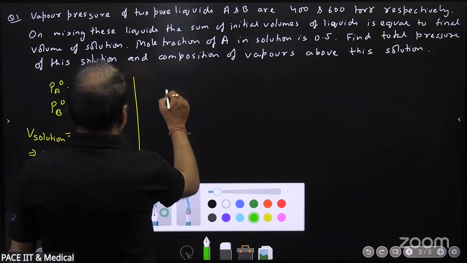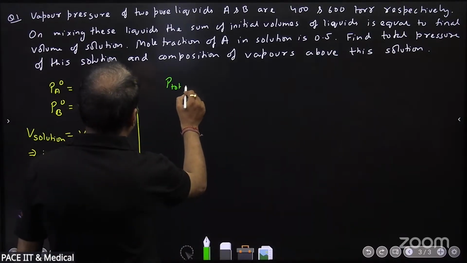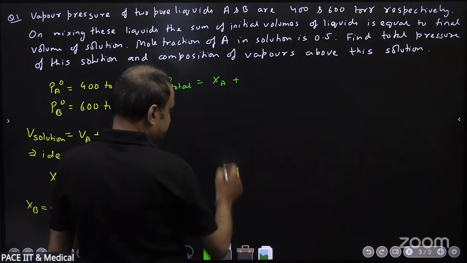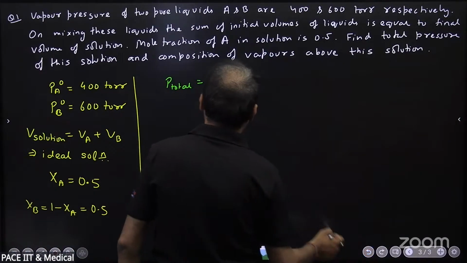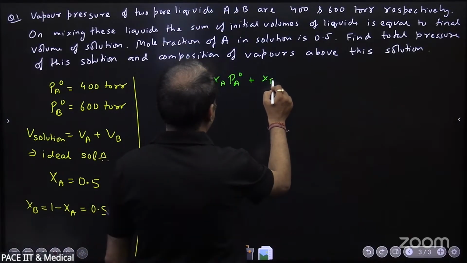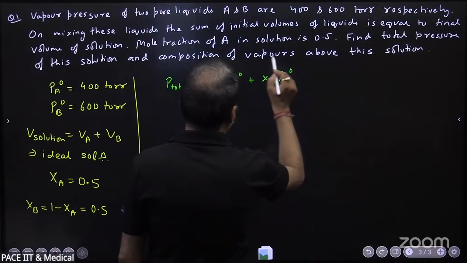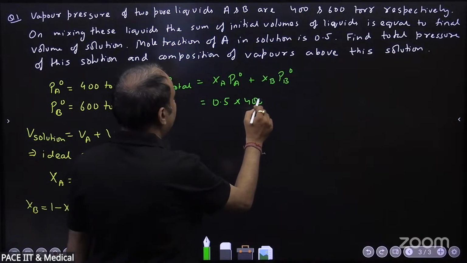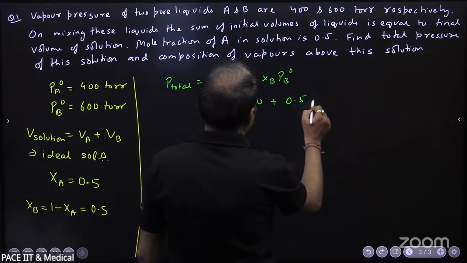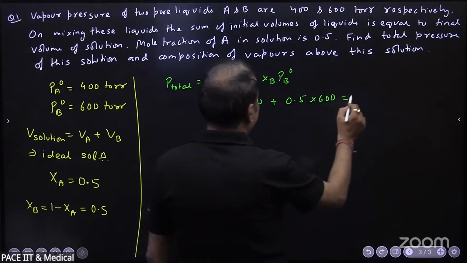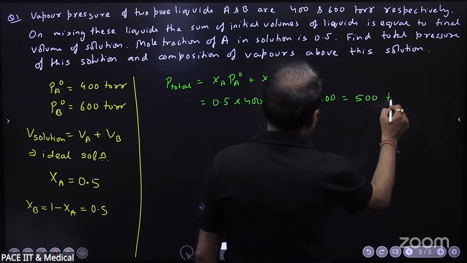First, they are asking total pressure. Total pressure is given as XA PA naught plus XB PB naught, 0.5 into 400 plus 0.5 into 600. So that will become 500 torr.